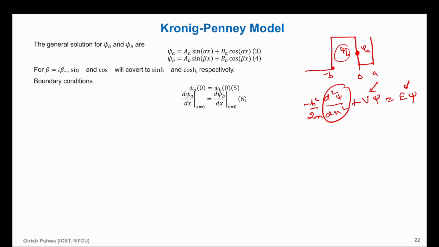Now, if I have a finite second derivative, it means the first derivative has to be continuous. Okay? You can't have a finite second derivative without the continuity of the first derivative. Say if I have a first derivative which is like this, and then you have a sudden jump like this.